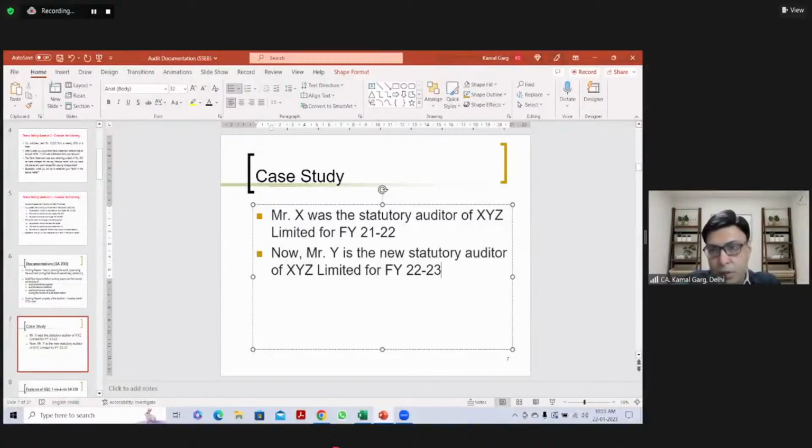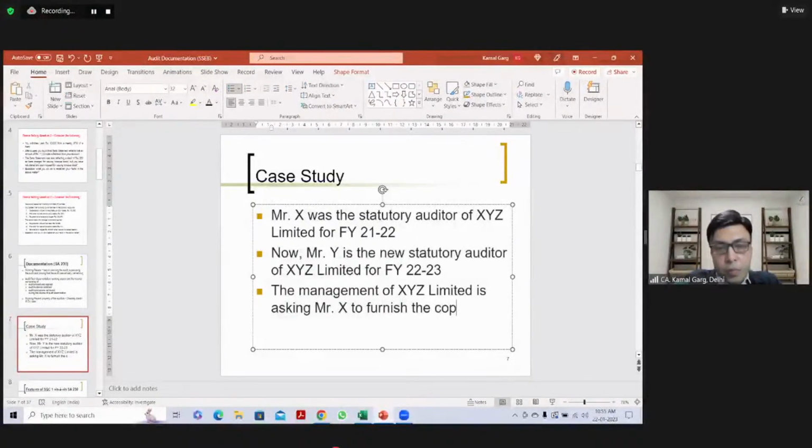This is possible. At the annual general meeting, you can change the auditors. Now what happened? The management of XYZ Limited is asking Mr. X to furnish the copy of his workings made by him to audit the company.